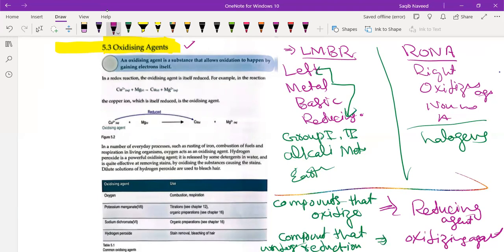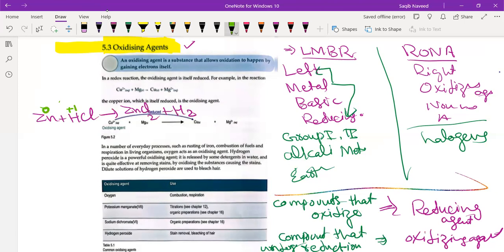So you do not need to do any more work if you continue the previous process. For example, if I am writing this equation and I am asking you to find the oxidizing agent and reducing agent from the following, what are we going to do? What is the charge on zinc? Nothing, so 0. And what is the charge on HCl?